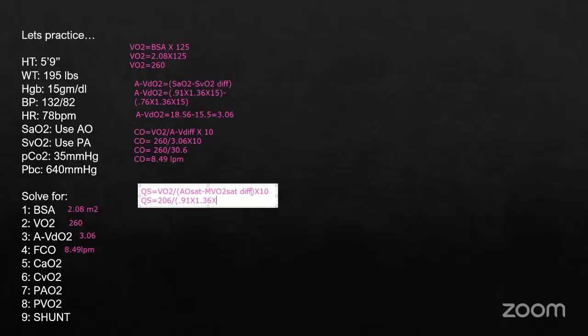Oh, now we know. When it says saturation, it's not the same as oxygenation. When we see 91, that's the oxygen, that's not saturation. So if it says saturation, you have to multiply by the constant and by hemoglobin. Hemoglobin here will be 15. Now in real life, when we get samples, hemoglobin is going to be all over the place. We never get the same number. So it's going to be this minus.